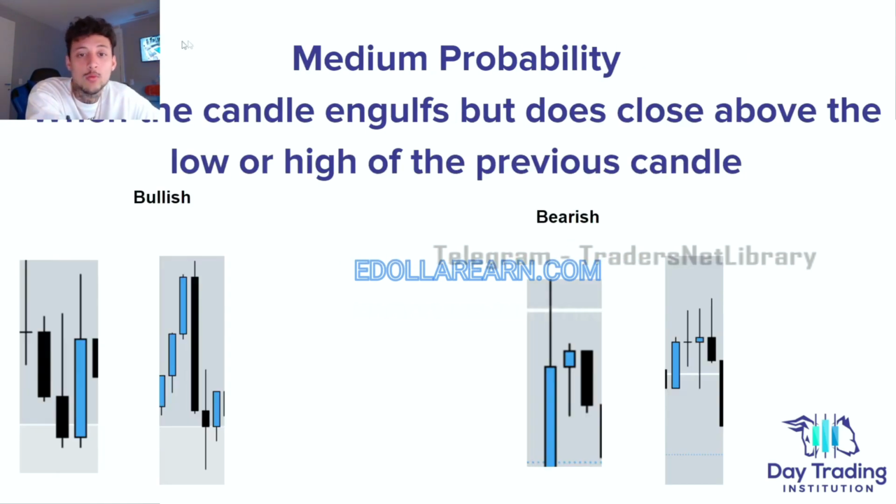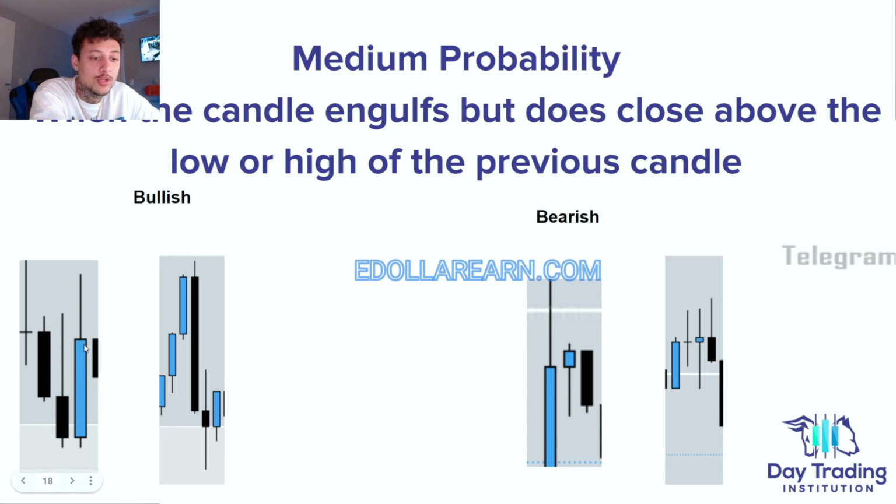Now, let's cover what the medium probability candlesticks look like. Pretty much, they're still engulfing candlesticks, right? They're still engulfing or variation candlesticks, but they don't close above the low or the high of the previous candlestick, right? So notice this bullish engulfing here. Notice how it didn't close above the highest high here.